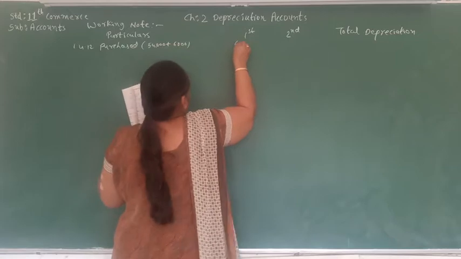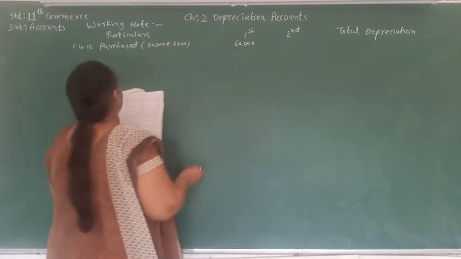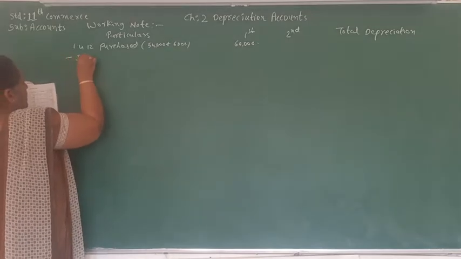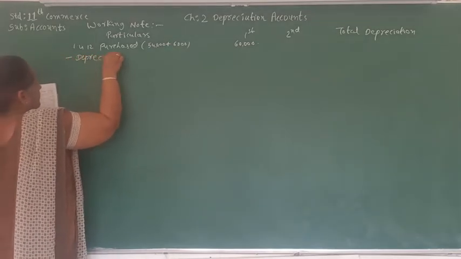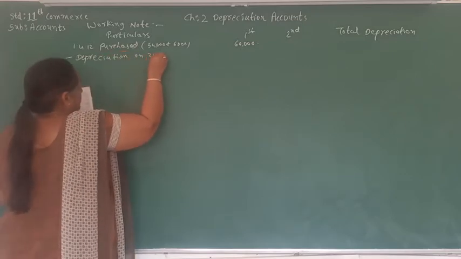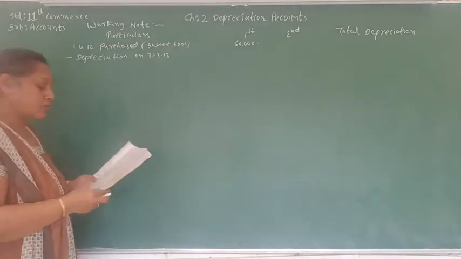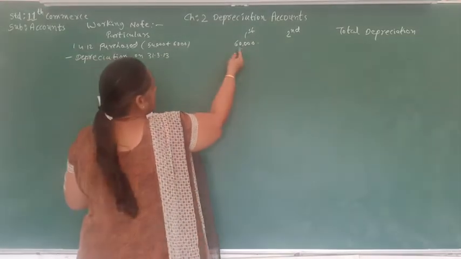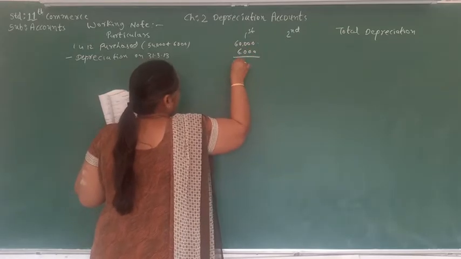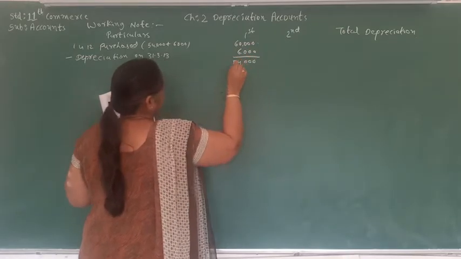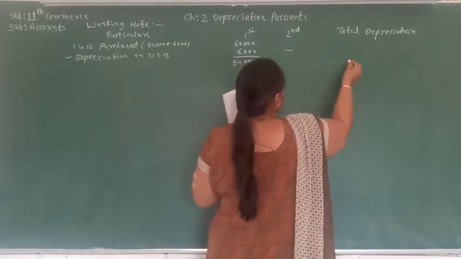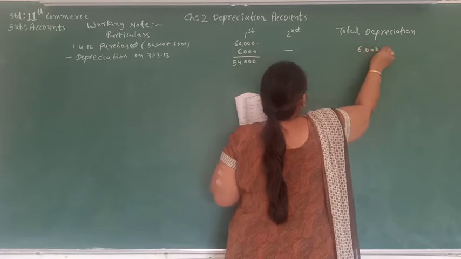Here at the end of the first year, that is depreciation on 31st 3/13, as we know 10% under straight line method will be 6,000. So after the end of the first year, the book value of the machine will be 54,000. Second machine is not here, so total depreciation will be 6,000.